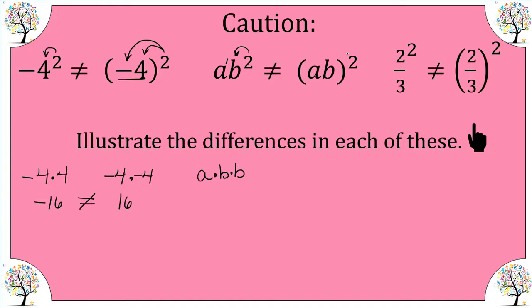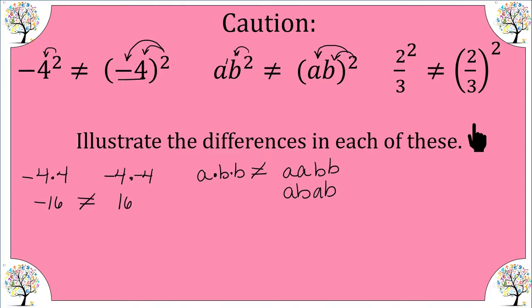On the right side, the 2 is attached to both factors, a and b. So we have ab times ab. These are not equivalent. With the commutative property, you can write it in whichever order you prefer.